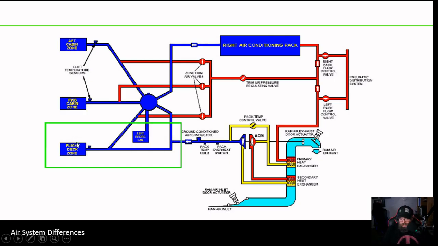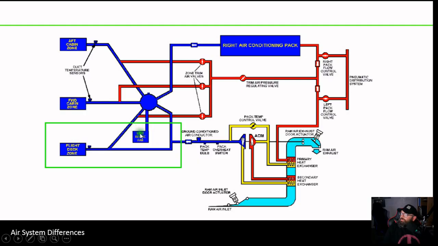Now, granted, on a 7.6, the left pack does operate at a higher pressure to allow air to go to the flight deck zone and try and keep smoke and stuff out of it. But on the 7.5, there is a direct line to the flight deck zone. So it is an isolated thing where the left pack can provide air straight to the flight deck.